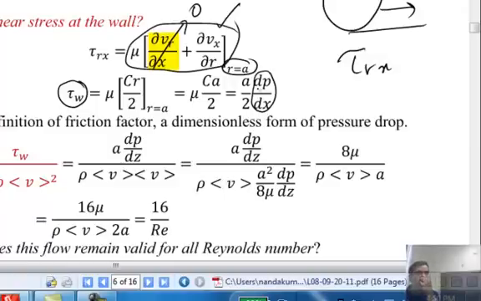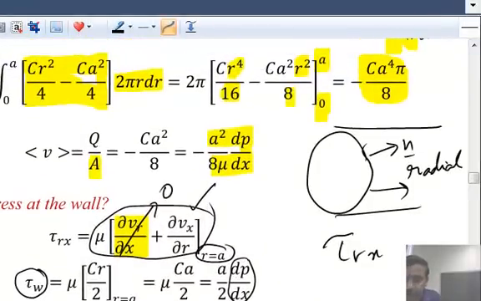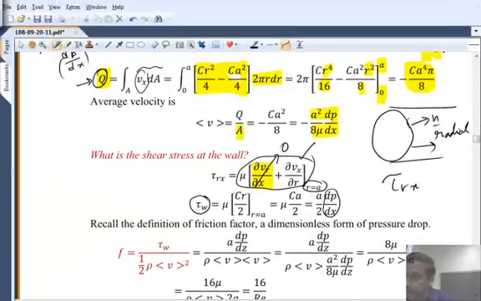Any questions? Yeah. How do you get that straight line, that Q over dp above? Talking about this one? Oh yeah, there is a graph, a straight line. Oh, you're just plotting Q versus dp dx.